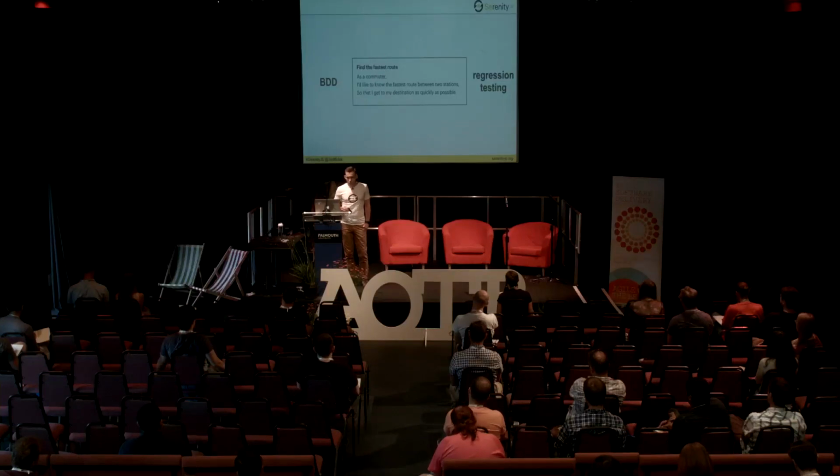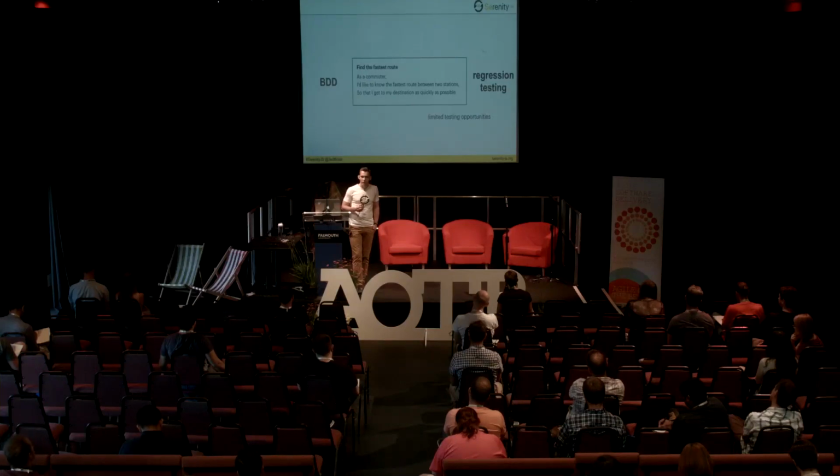But now, there's an interesting problem with writing tests after the story is completed. So first of all, we've got some limited testing opportunities. So if the story hasn't been implemented with testing or testability in mind, we might only have several interfaces available to us for writing those automated tests. For example, just the UI.